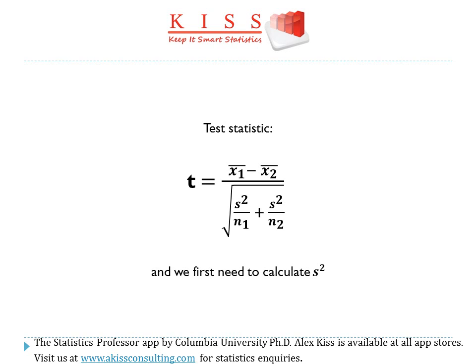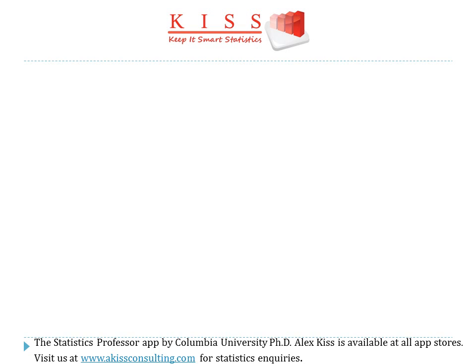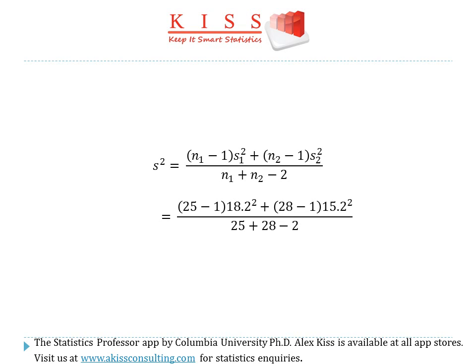For this t statistic, we'll first need to calculate our pooled variance s squared, and that we can do from the following formula. Knowing that our sample in group A is 25 subjects with a standard deviation of 18.2, and those on drug B, there are 28 patients with a standard deviation of 15.2, we place those numbers into the formula, and this gives us a pooled variance of 278.2.